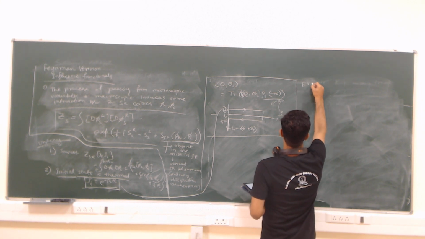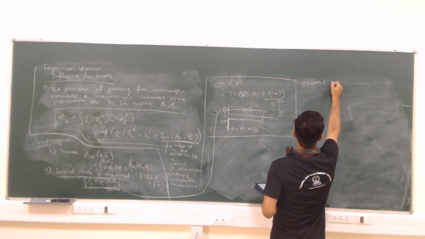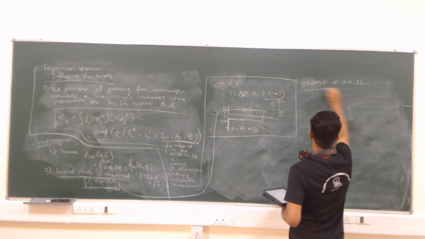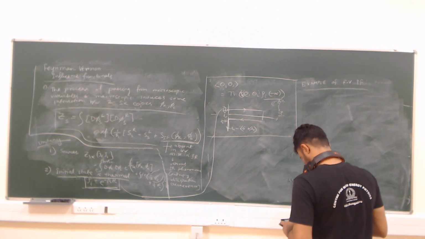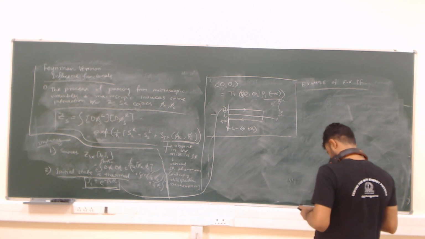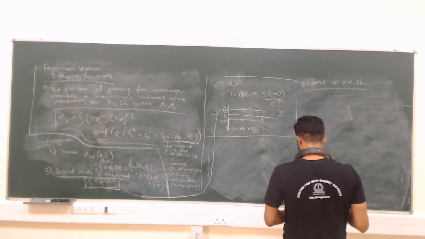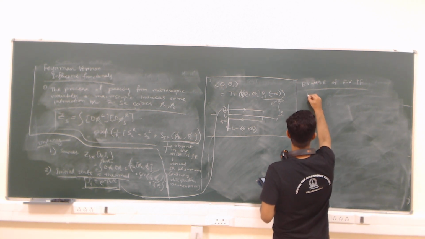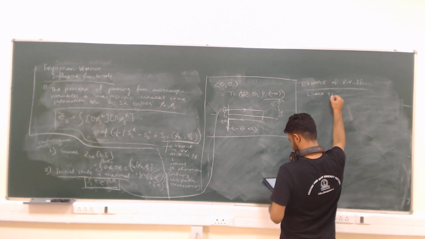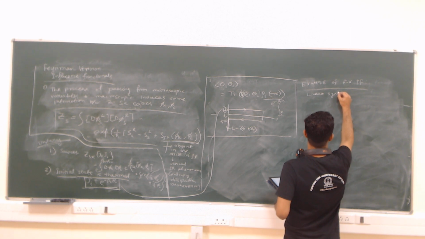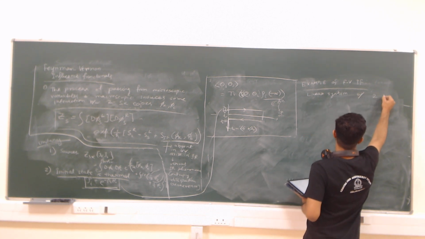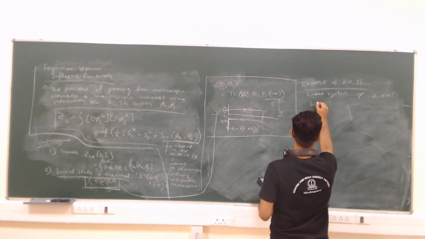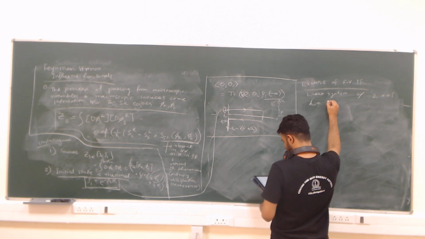Let's consider a linear system with two degrees of freedom, and the Lagrangian is written this way.